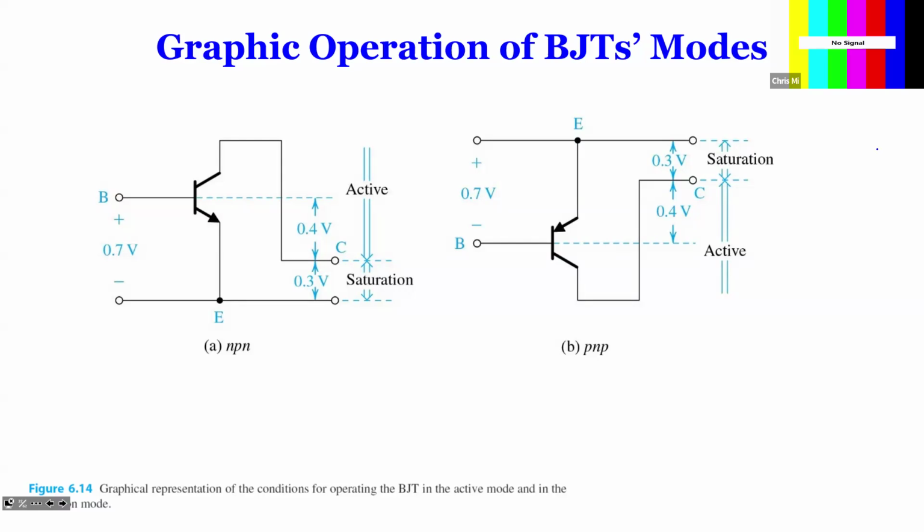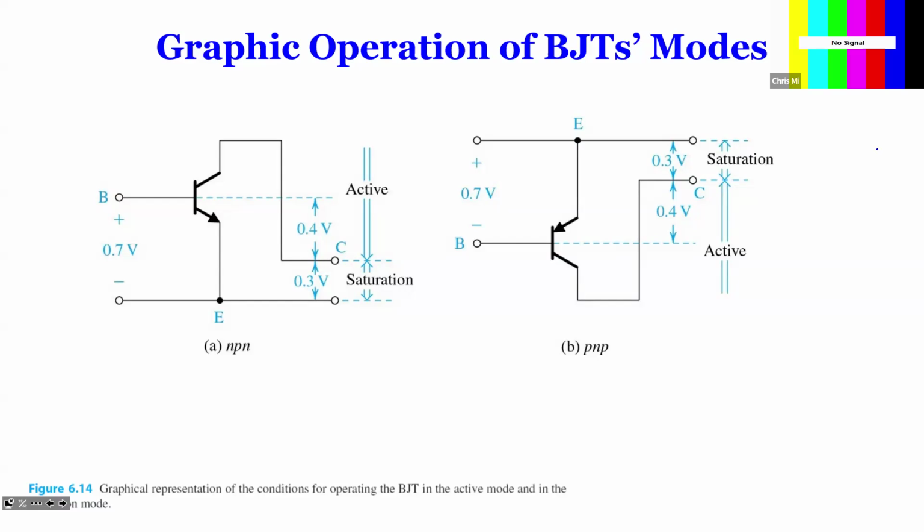Now, once VBE is 0.7, you have a base current. How much current goes through the collector and emitter depends on the voltage VCE. If VCE is more than 0.3, you are in active mode. But if VCE is less than 0.3, you are squeezed into saturation mode.